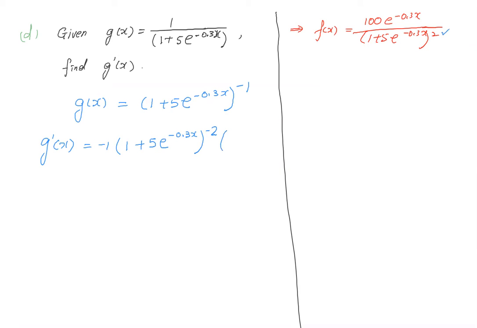Times by the derivative of the 1 in the bracket also, because it's e. So you copy down the whole thing, times by the derivative of the power here, that is -0.3. Take out your calculator. -1 multiplied by 5 multiplied by -0.3.